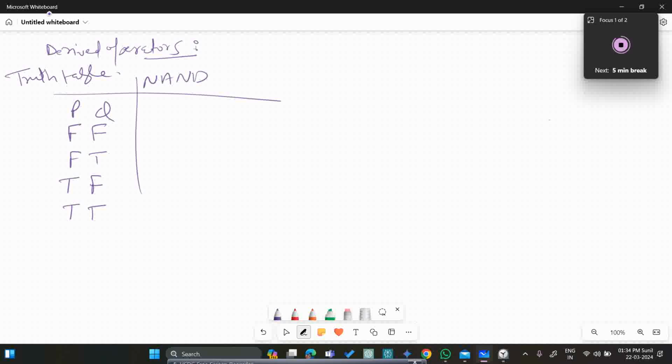So first one would be NAND gate. This is the same as in Boolean algebra. False and false would be false, and what is written in NAND?